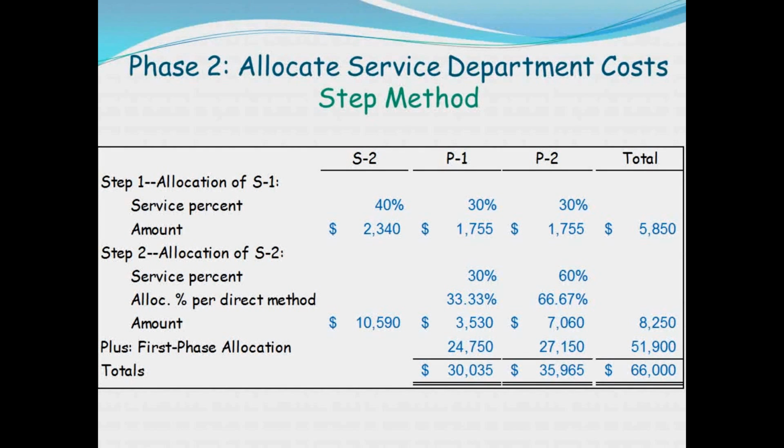So the original 8,250 plus 2,340, which is service department 1 going to service department 2. Okay. 10,590. And then you have to allocate that 10,590.